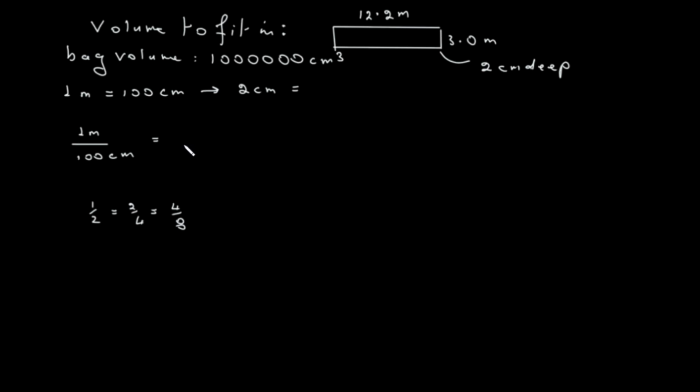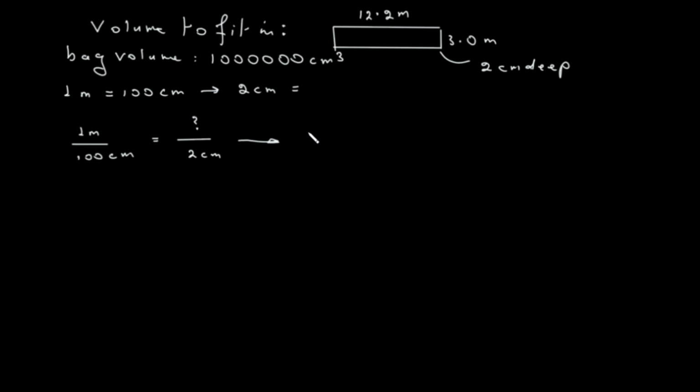We want to know, that's 100 centimeters, 2 centimeters. What goes there? Well, this behaves exactly the same way that fractions do, even though it's not a fraction. So what we can do, we want that on its own, that divided by that.